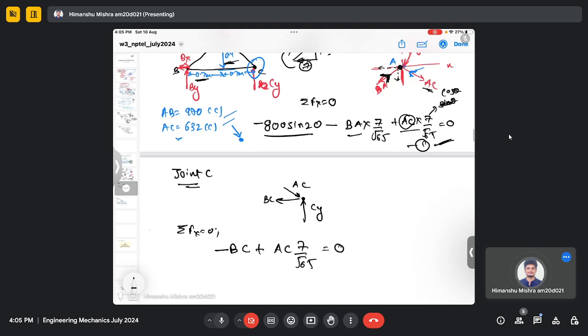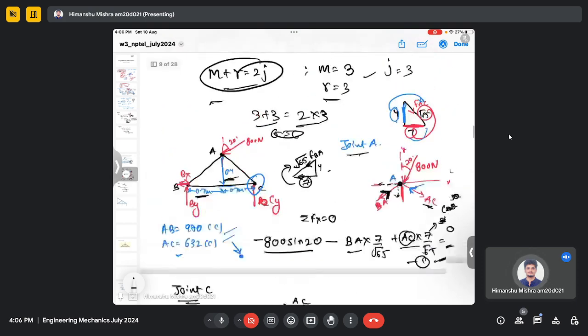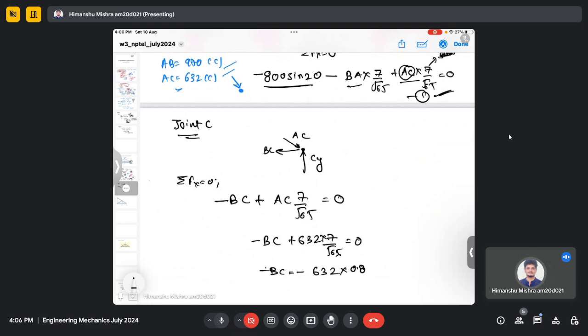equal to 0. Then you have minus BC plus AC, and AC was 632, so 632 multiplied by 7 by root 65 equal to 0. So BC equals 632 times 7 by root 65, which is about 0.86 times 632.